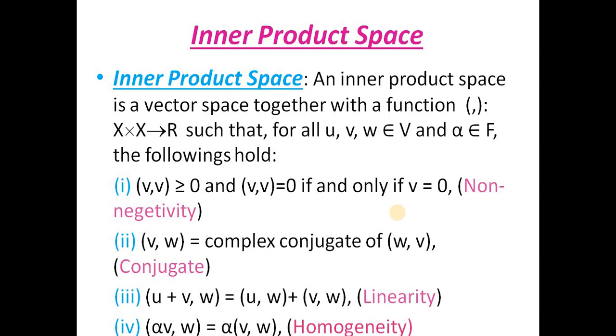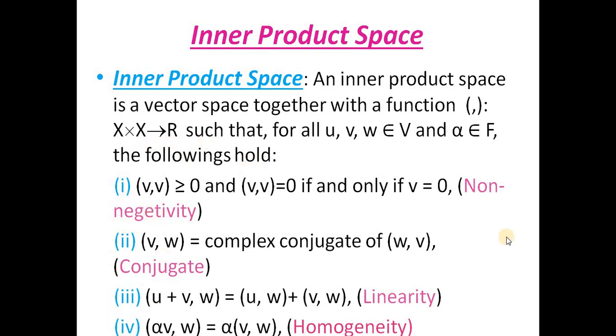Now, inner product space. An inner product space is a vector space X together with a function from the product space X cross X, Cartesian product of X twice, into the field F, where F may be the field of real numbers or field of complex numbers, such that it satisfies these 4 properties.